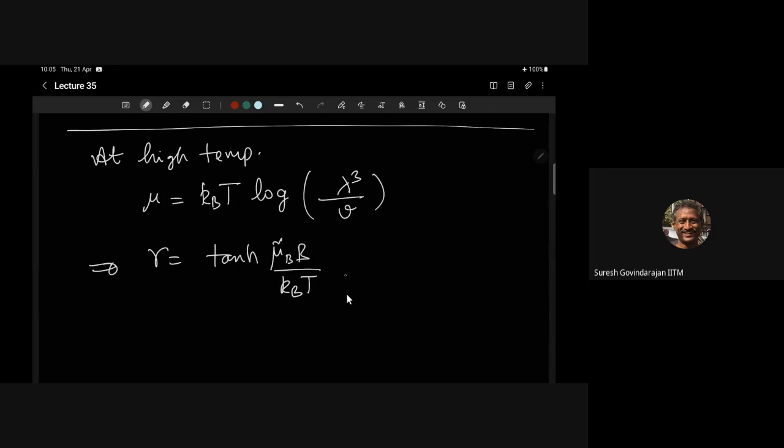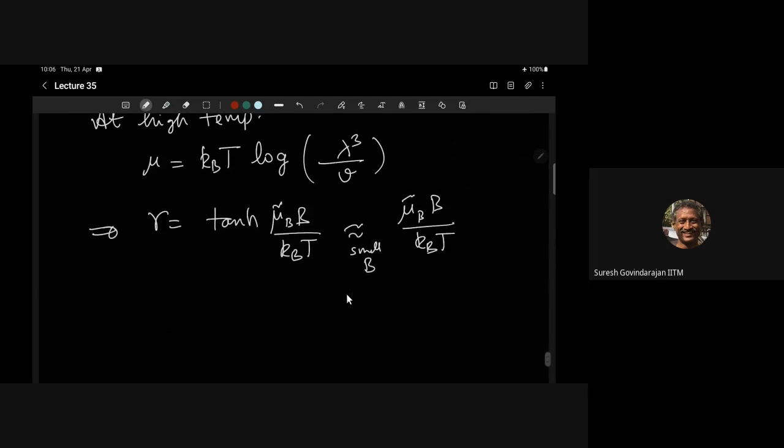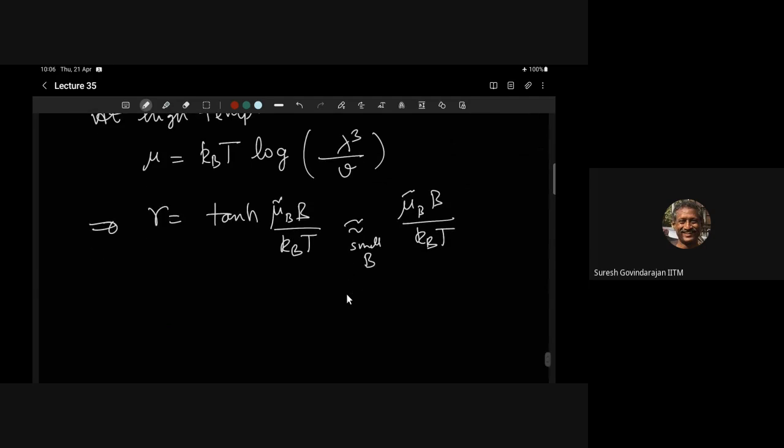Okay, for small B, this is approximately linear.